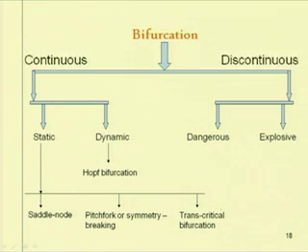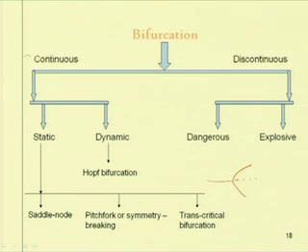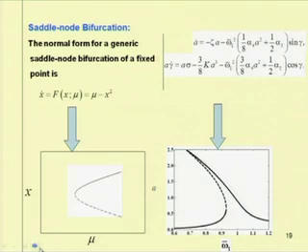In case of pitchfork or symmetry breaking, the response may be supercritical, or it may be subcritical also. Similarly, in case of Hopf bifurcation, one can have supercritical and subcritical bifurcation.